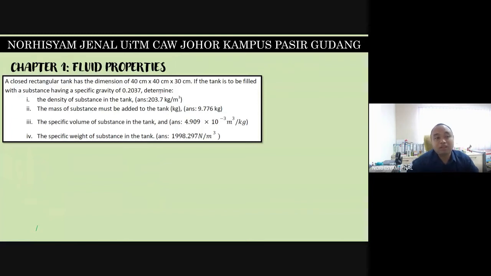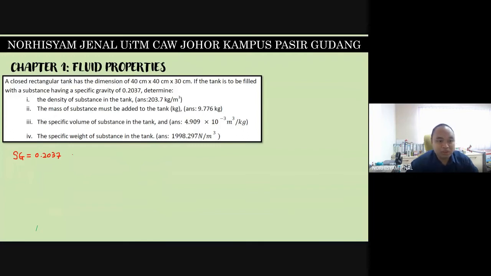All right, from here we know the specific gravity, Sg, is equal to 0.2037. Like I said just now, this number is lower than 1, which means the density is lower than water. So how do you find the density? Simple.